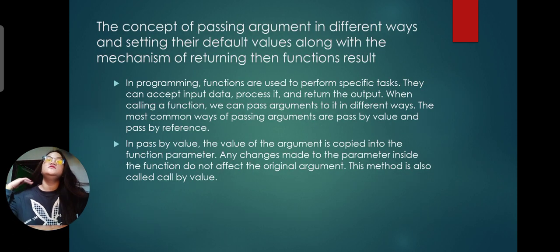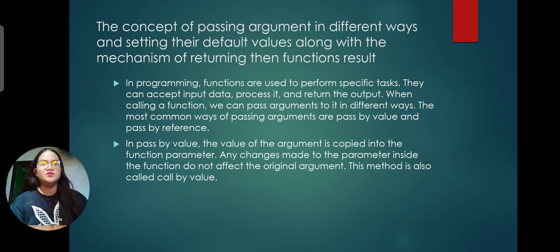So, the concept of passing arguments in different ways and setting their default values, along with the mechanism of returning the function results. In programming, functions are used to perform specific tasks. They can accept input data, process it, and return the output. When calling a function, we can pass arguments to it in different ways.